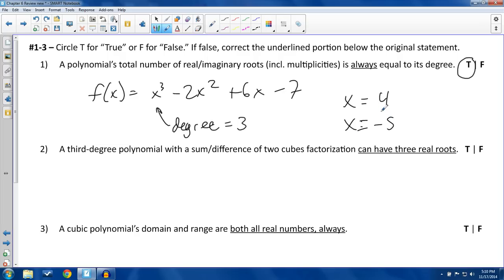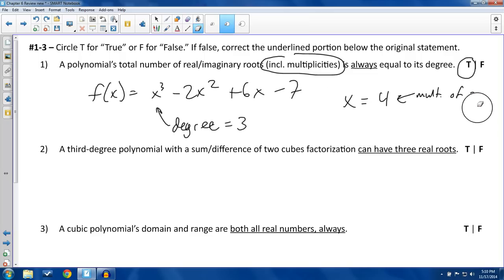Now, these are only 2 answers, but this whole including multiplicities part is indicating that one of these could have a multiplicity of 2. Or you could have a cubic where your answer is just x equals 4, but what it's really saying is you have a multiplicity of 3.